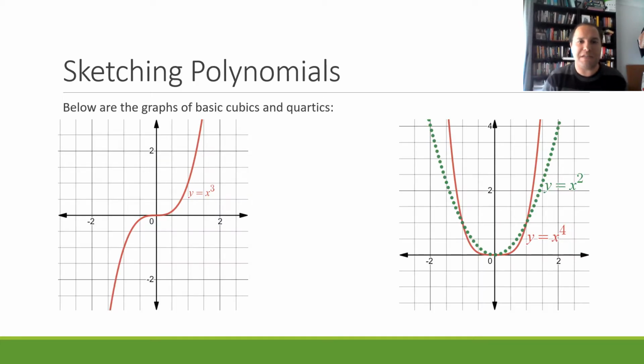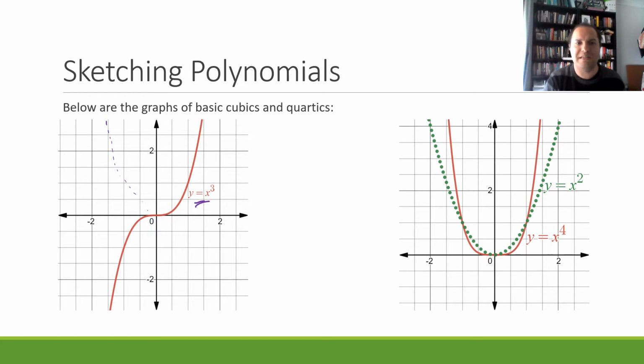Alright, so when sketching polynomials, it's important to know the shape of a couple of our key shapes. We've done lines, we've done parabolas. This one here on the left, that's the equation of our cubic. Notice it has a bit of that parabola sort of shape, but instead of going back up on our negative side, it actually goes downwards.